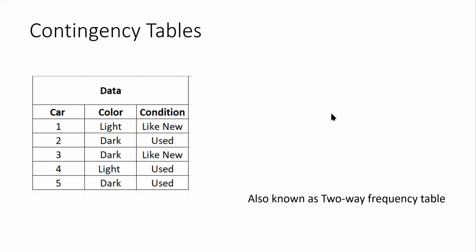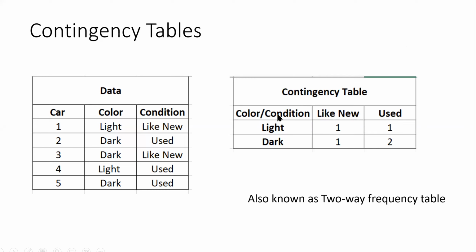Okay, so here's our data, and when we organize it, we put color in one column, so we have light and dark, and then we have another variable, condition, in the row. And then we've put in the frequency in each cell. So this cell, for example, if we look up, it has condition like new, and if we look over, the color is light.